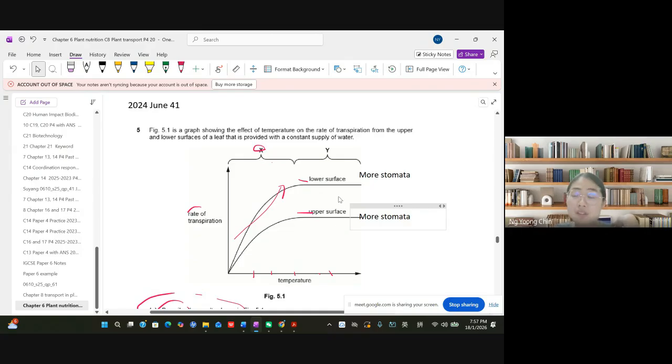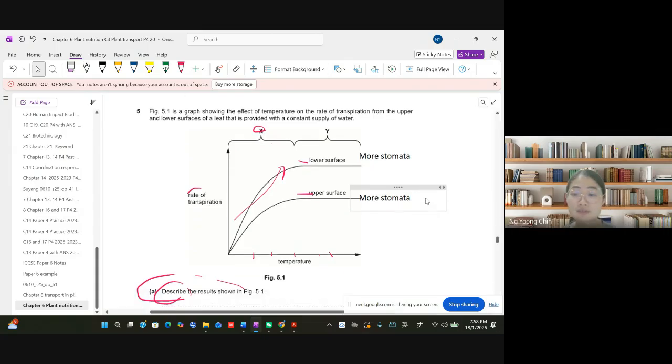So we can come to the conclusion that the lower surface loses more water, because whenever you increase the rate of transpiration, you are actually increasing the amount of water loss. So water can be lost through transpiration, or by the evaporation of water through the stomata.